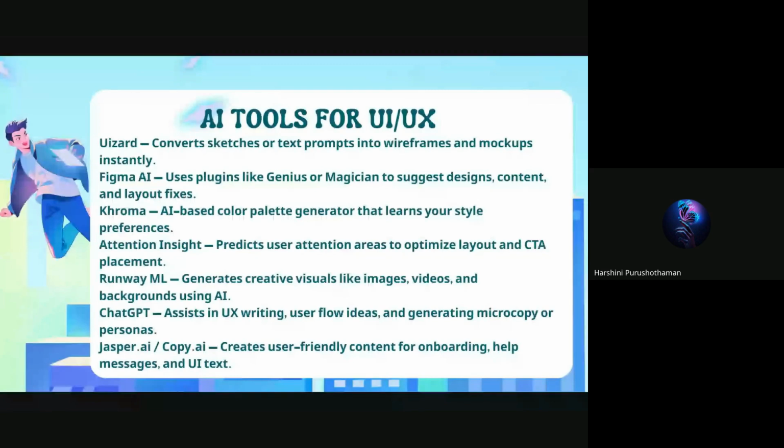That's where these Attention Insight AIs work. They predict what the user's attention is at that current time, what he is tracking in the other application, and they show similar clothes or similar shopping items in the application which he uses for entertainment also. So that's where Attention Insight like AIs are used.